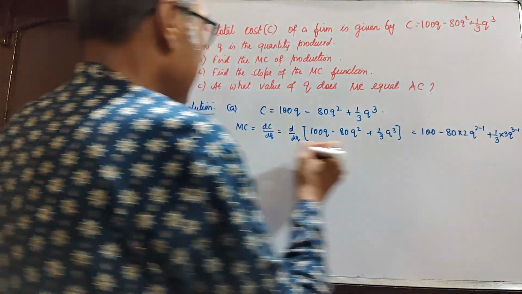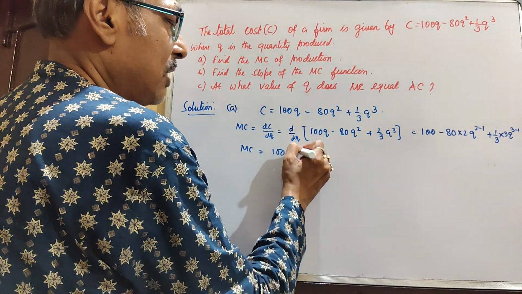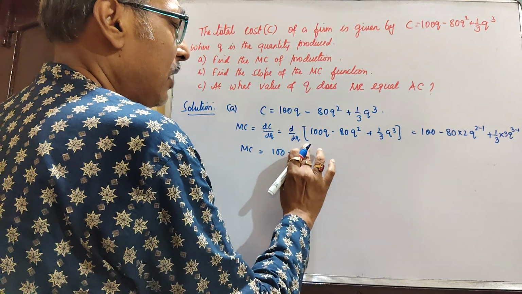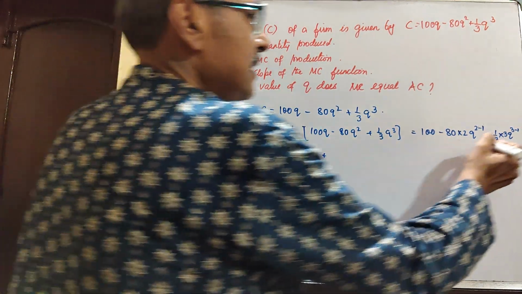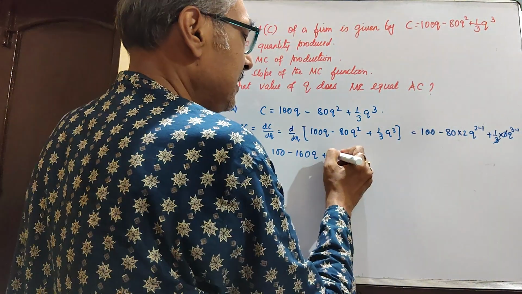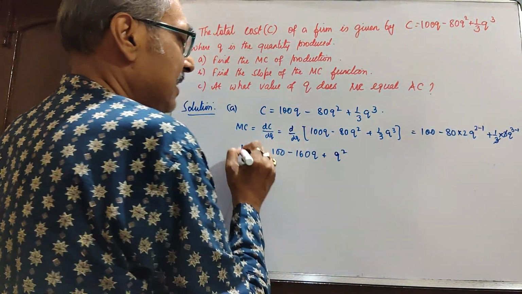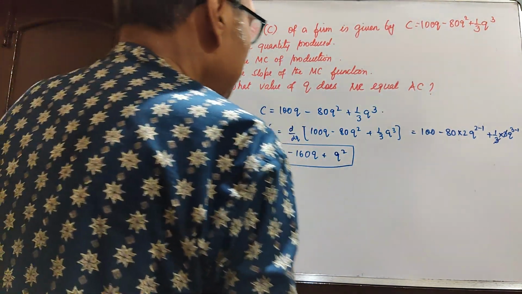This is the MC. Now we solve further. 100 minus 160Q plus, this 1 by 3 and 3 get cancelled, Q squared. This is the MC, marginal cost of the production.